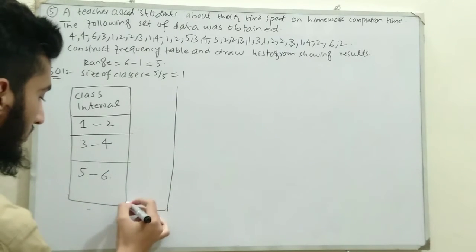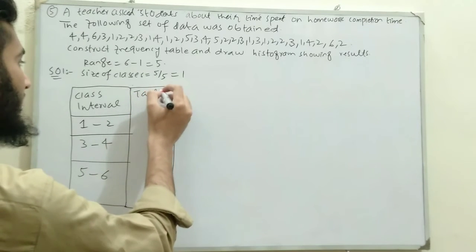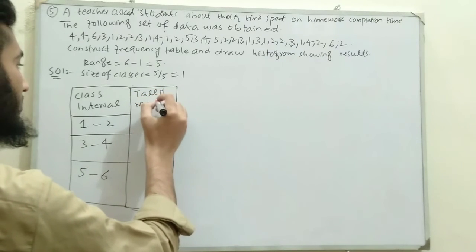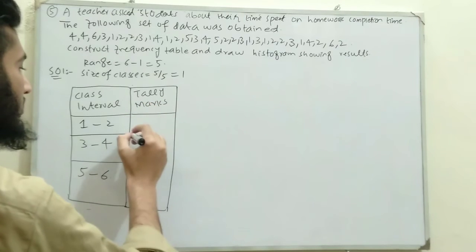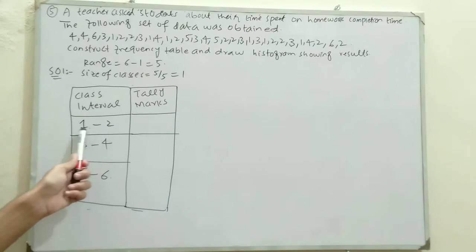So let's suppose this is the frequency table. First I will find the tally marks. Between 1 and 2, we choose those numbers which are 1 and 2.